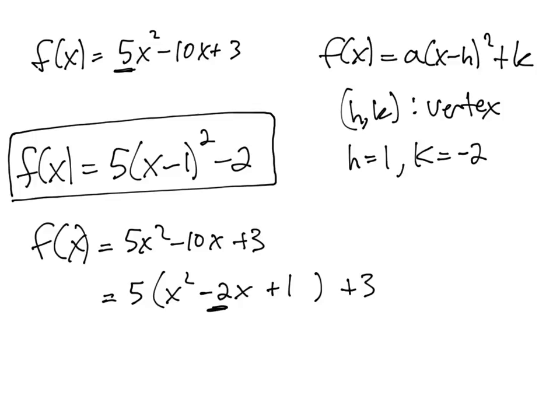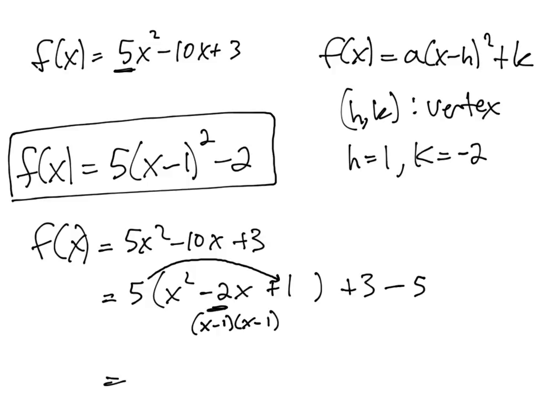Now, by adding that 1, what I really have done to this function is I've added 5 times 1 to the value of the function. So to keep the value of the function the same as before, I need to subtract 5. I added 5, so I also subtract 5. So I've completed the square, x squared minus 2x plus 1. So that factors to x minus 1, which is what we want.